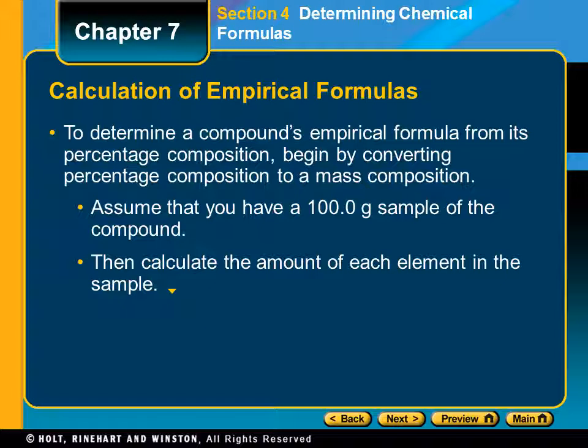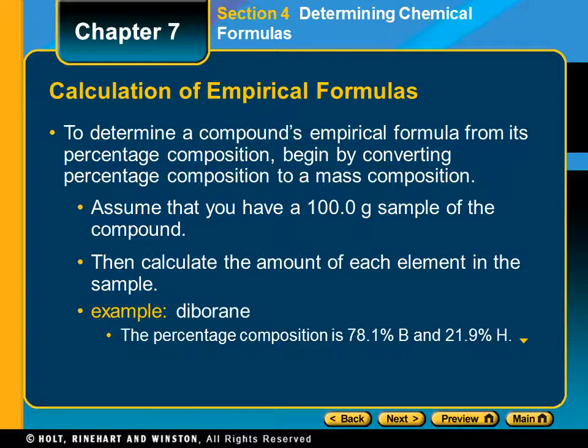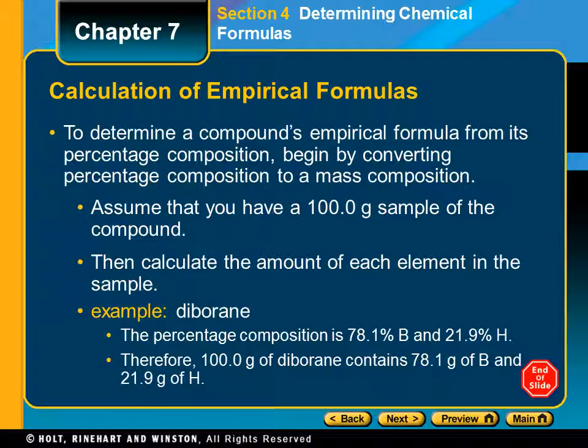Then you calculate the amount of each element in the sample. So with diborane, the percentage was 78.1 and 21.9, so your mass is 78.1 grams of boron and 21.9 grams of hydrogen.